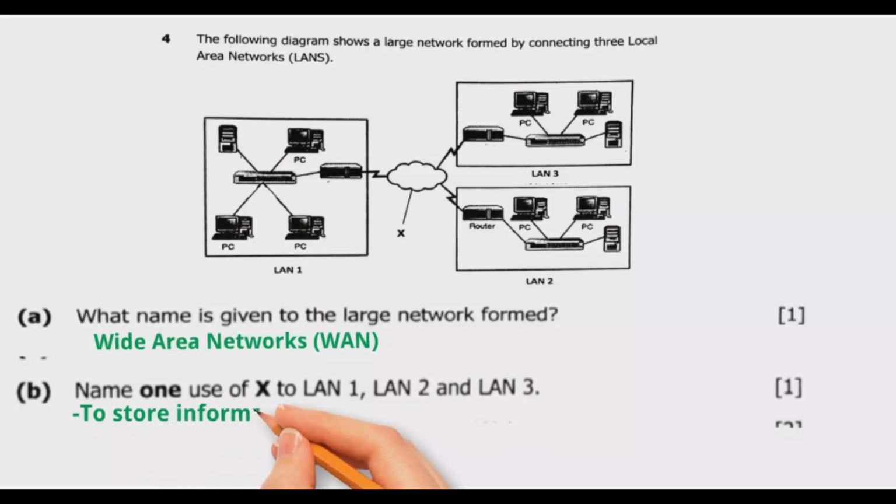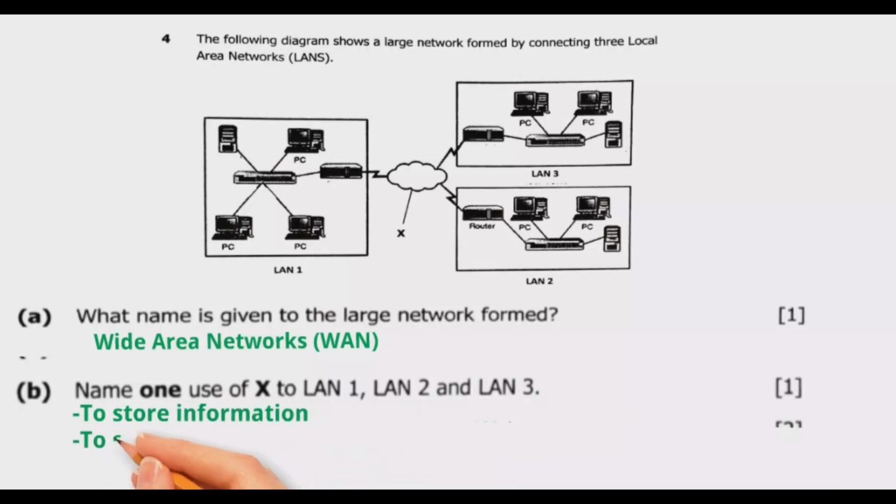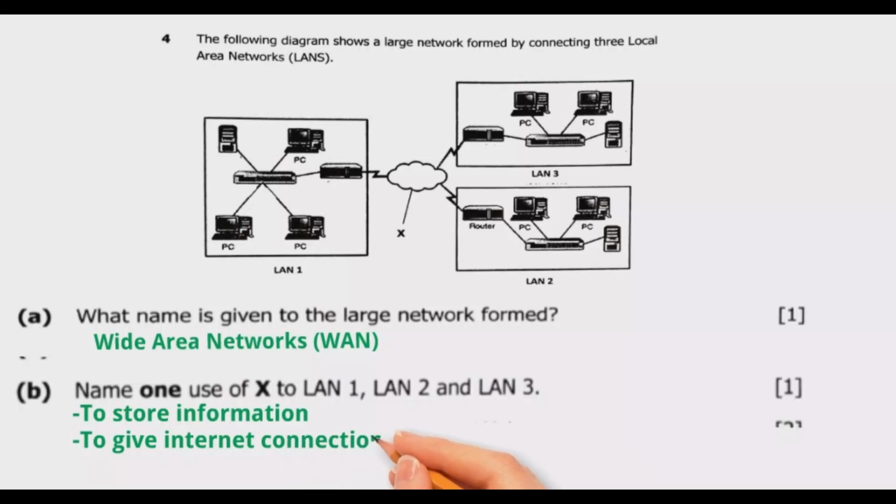So one use of X is to store information. The other use is to give internet connection to line 1, line 2, and line 3. Those are the two functions of X. So you can pick one of those two. One is to store information. The second one is to give internet connection to lines 1, 2, and 3.